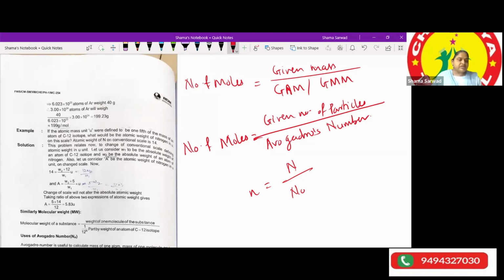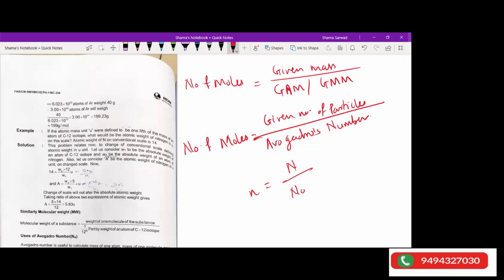So Avogadro's number should always be in your brain, that is 6.023 into 10 raised to 23. It's very simple, very basic, because only if you know this can we move further. And hence I have repeated it 2 to 3 times. Clear? Please write this down.